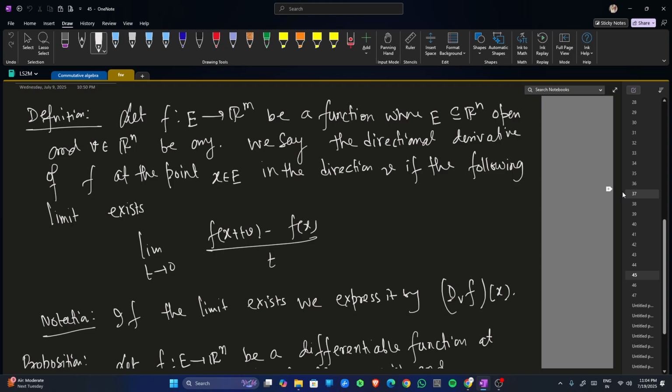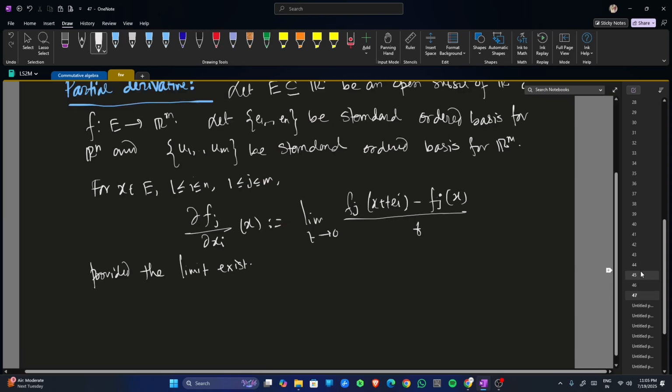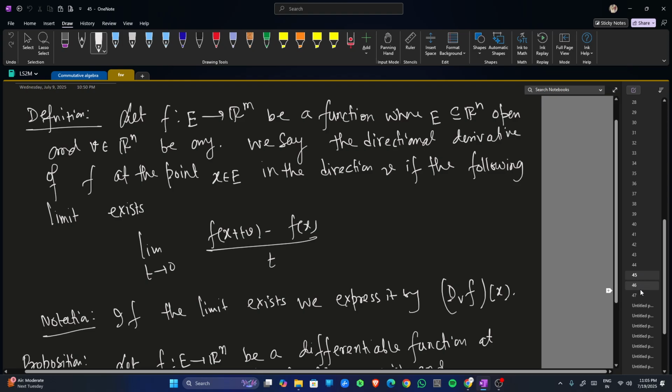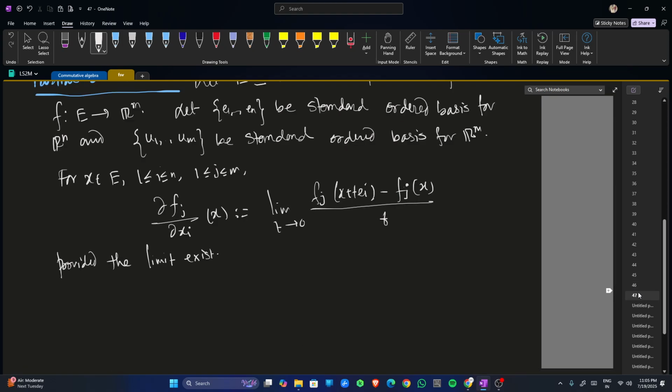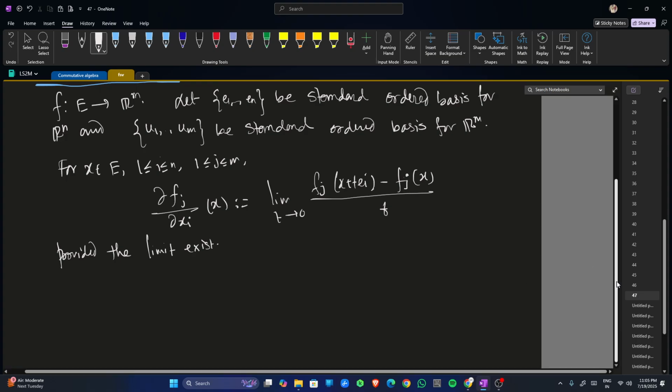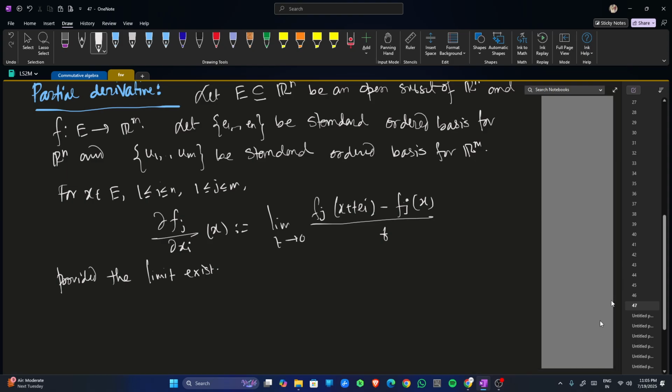If we take v to be 0 1 0 0, then it will be del f by del x2, likewise. So we first defined something called directional derivative, then we are specializing for some particular vector and calling that derivative the partial derivative of function f, or if it is vector valued, then we are taking the partial derivative of the component functions. Now comes the theorem.